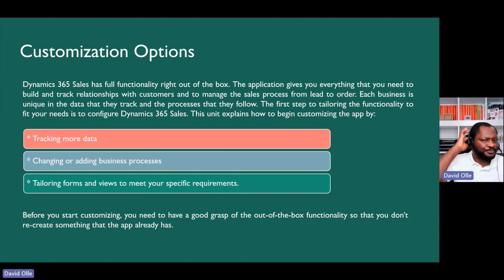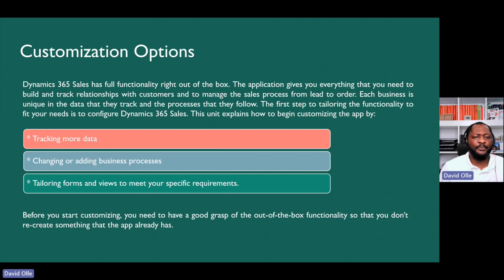These views can be leveraged in your forms and in dashboards, and you will see more of where you can use these views. Each business is unique, as I mentioned previously, and so it's important that you learn to tailor this out-of-the-box functionality in such a way that works for your company.